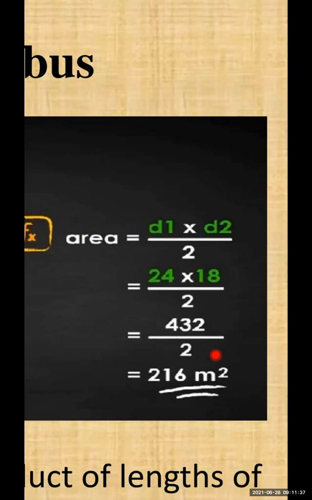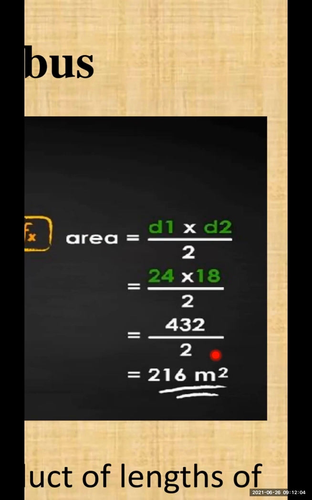Either do the multiplication, here they have done the multiplication. 24 multiplied by 18 is 432, divided by 2. Or you can divide 18 or 24 by 2, because 2 nines are 18, and 2 twelves are 24. So you can reduce either number, and your multiplication will become easy.